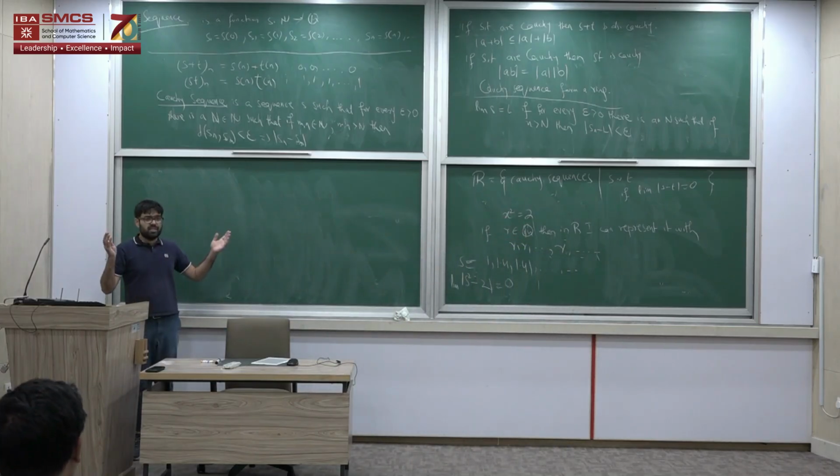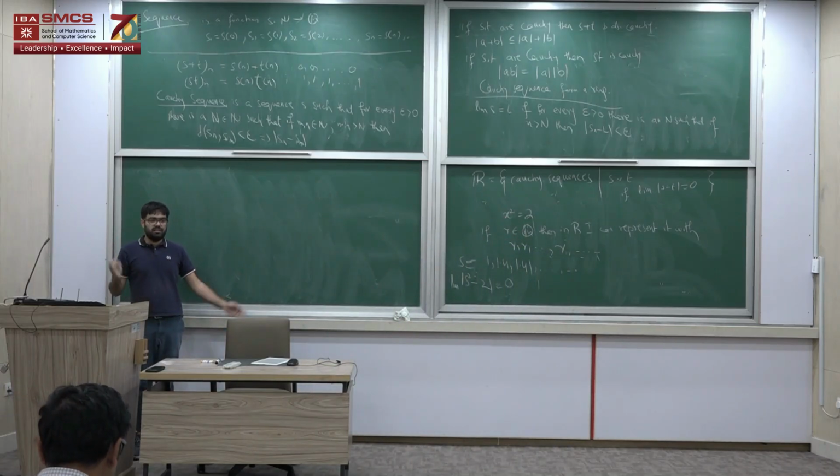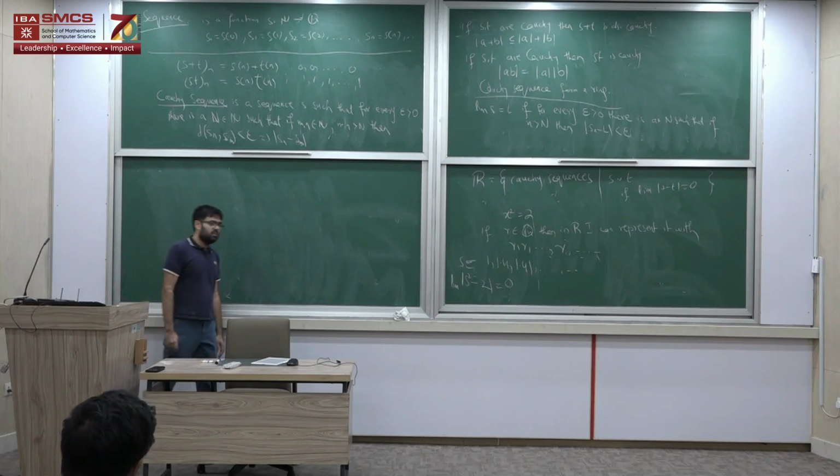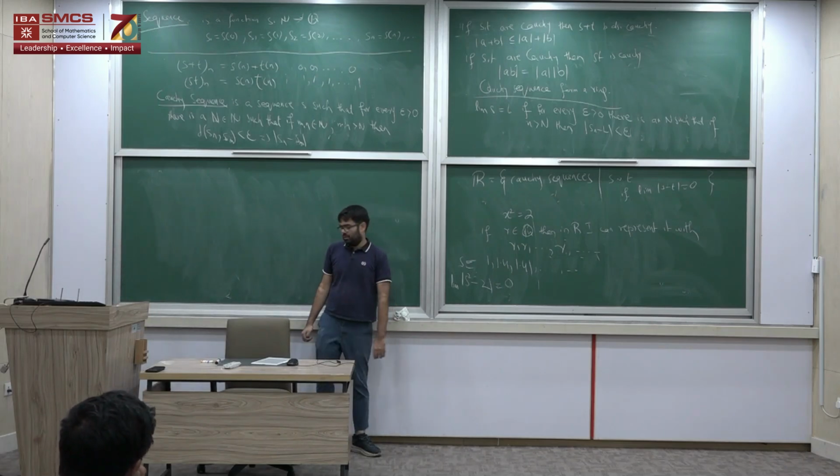The sequence might itself not be 0, but it will have 0 inside it. So, if I want to do pointwise division, that does not work.